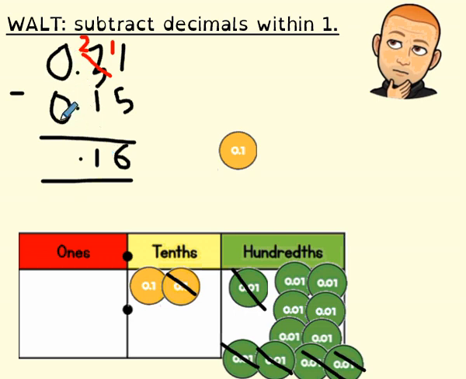So my calculation, 0.31 subtract 0.15, gives me the answer 0.16. So today you're going to have a few calculations where you've got some exchanging to be doing. Remember, 10/100 is the same as 1/10.